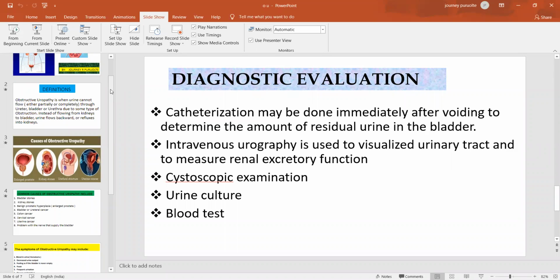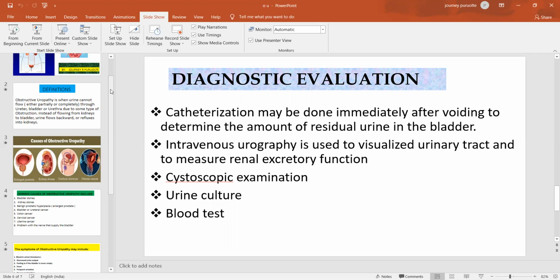Means the urine might flow only partially, a little, or the flow might stop completely. So in those cases we need to do catheterization.